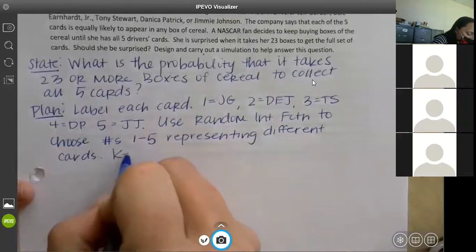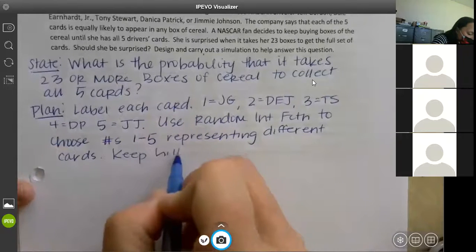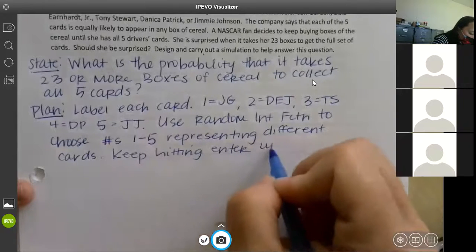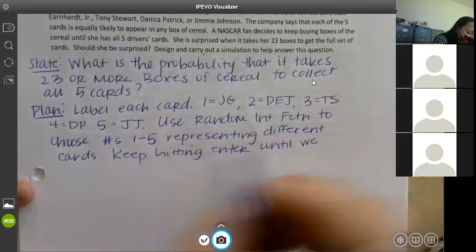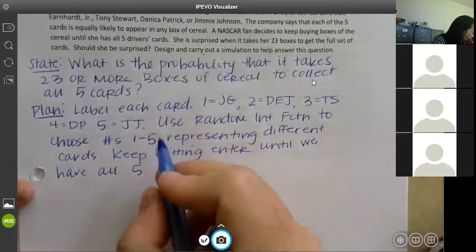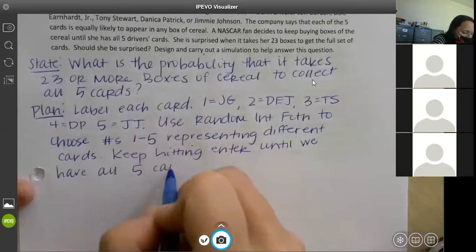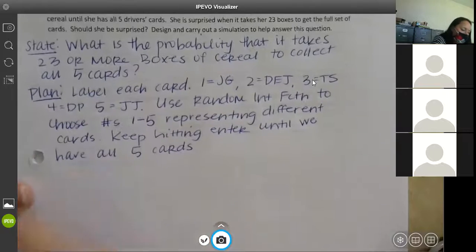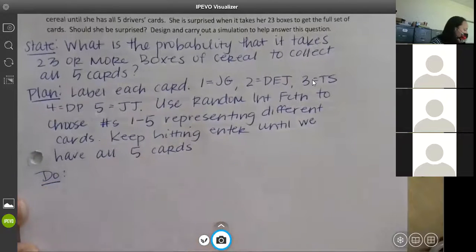We've gotten all 5 cards. Keep hitting enter until we have all 5 cards. So you're going to count the number of times you have to enter before you get 1, 2, 3, 4, 5. All right. So then we're going to do it.